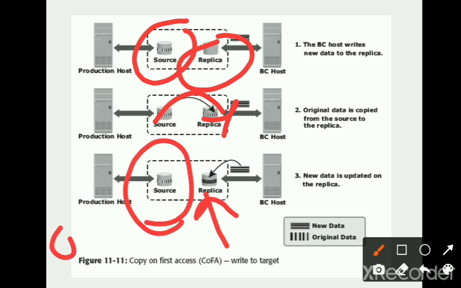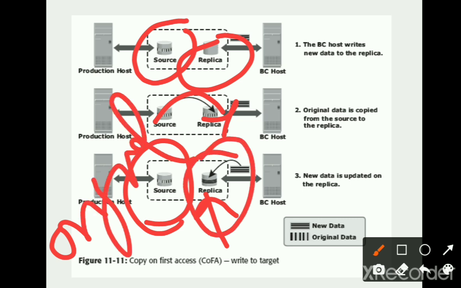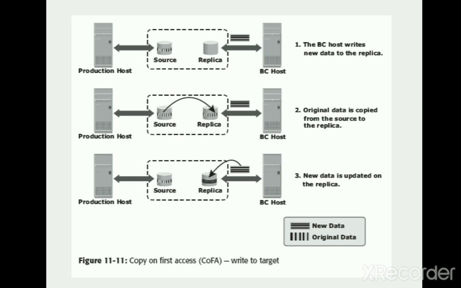The source data remains as it was in the original, only the replica, that is the target data, is changed. This is how the data is updated in the target for the purpose of business continuity.